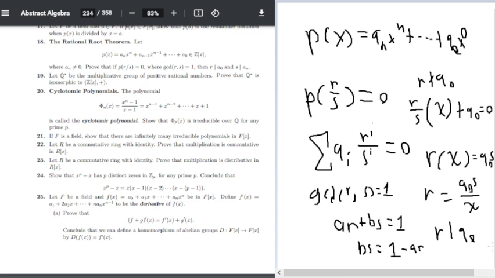So now we need to show that s divides the initial term. So if s doesn't divide the initial term, I think I know what it is.